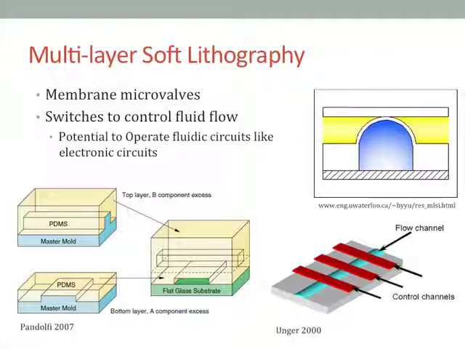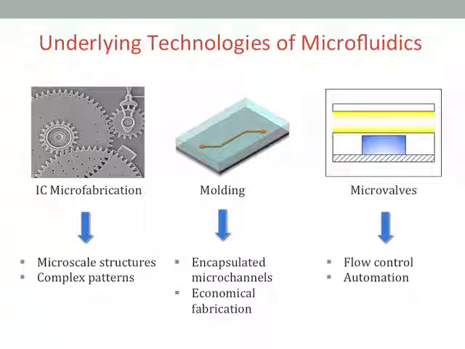I don't want to go too much into this, but just to summarize here: starting with integrated circuit fabrication, you can get microscale structures and complex patterns, and with molding, you can get encapsulated microchannels and an economical means of fabrication, which is very, very important. And then finally, with microvalves, you can get flow control and automation.